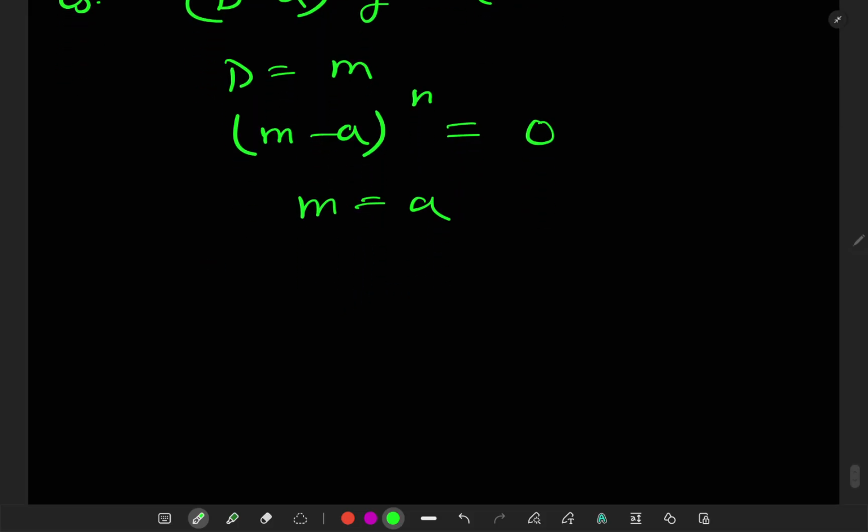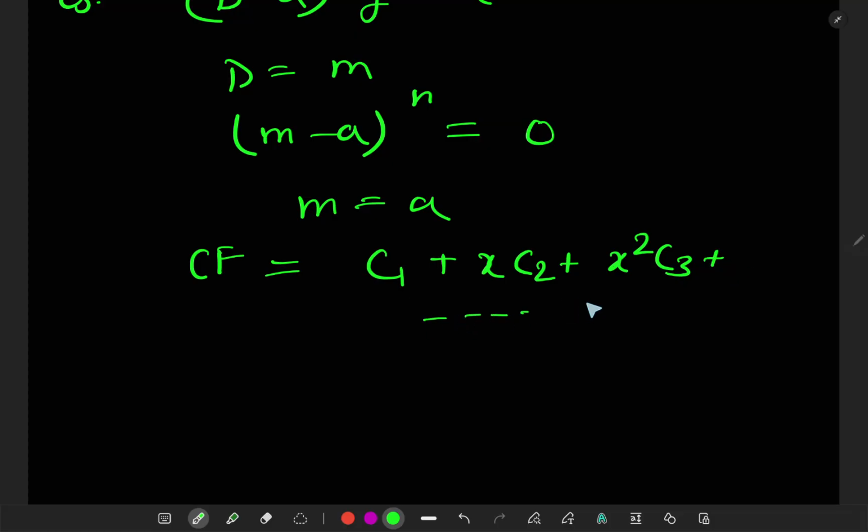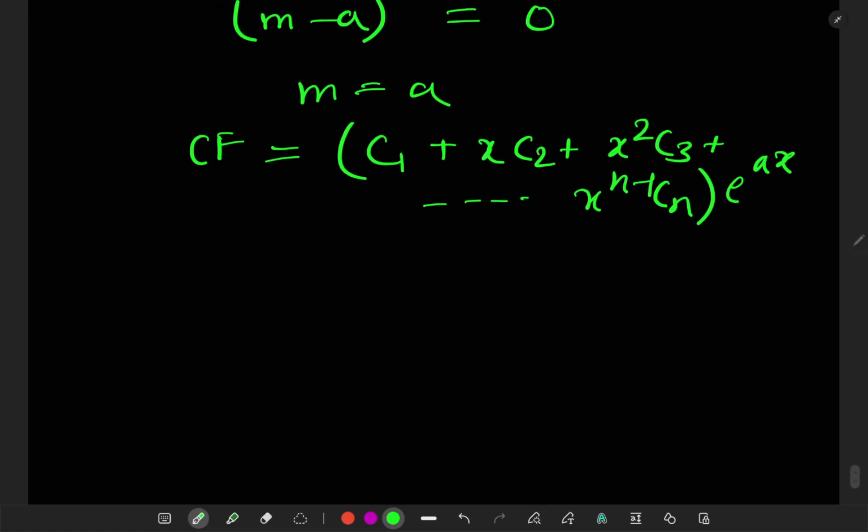It means all roots are same. So we can write here CF is equal to C1 plus x C2 plus x square C3 up to x raised to power n minus 1 Cn into e raised to power ax.